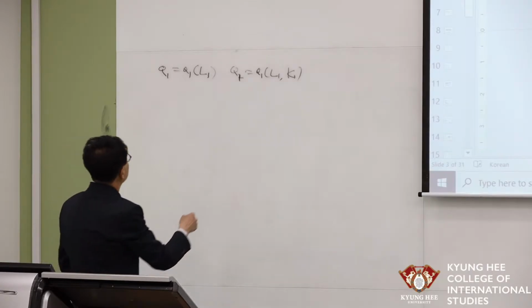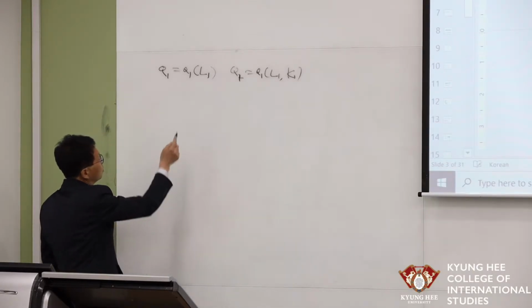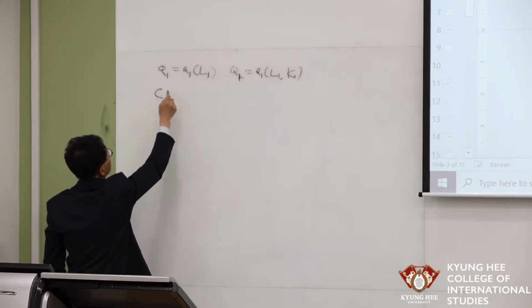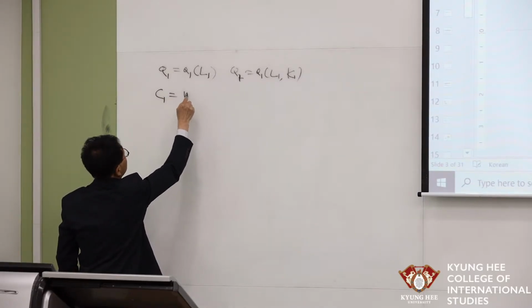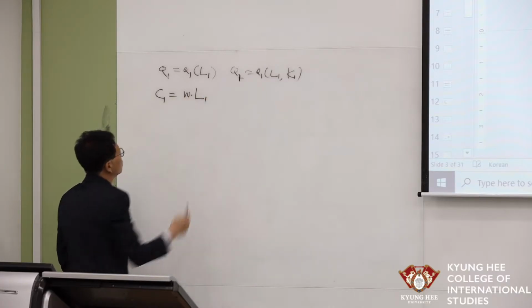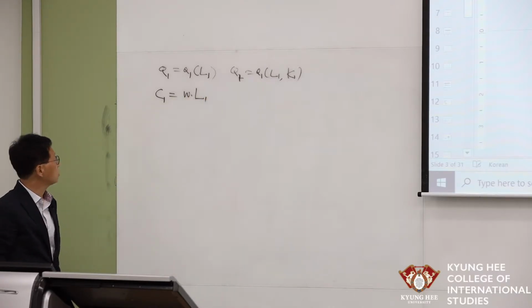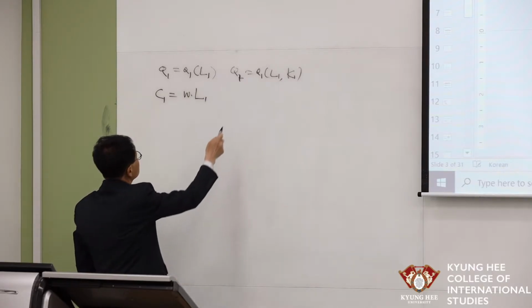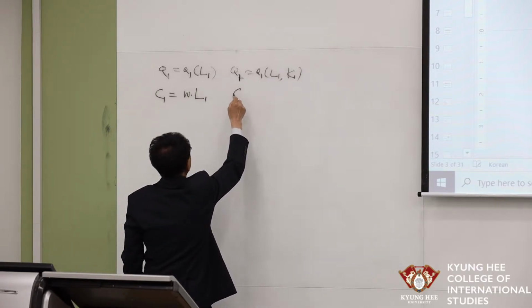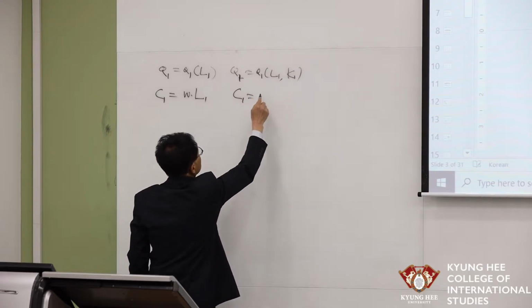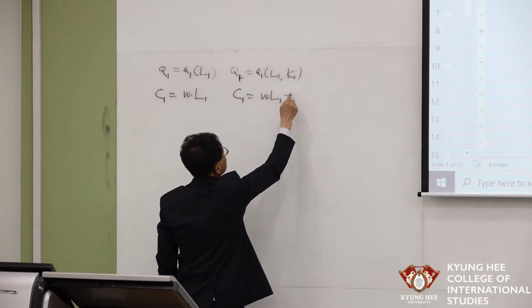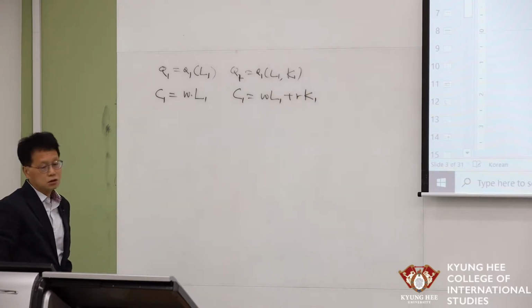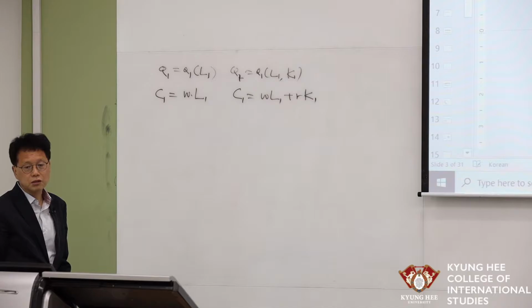So think about the cost curve in this one variable case. Total cost is equal to the wage rate multiplied by employment of labor. That is total cost. And in the 2 good case, cost is labor cost plus capital cost, isn't it? That is the cost function, the cost constraint.